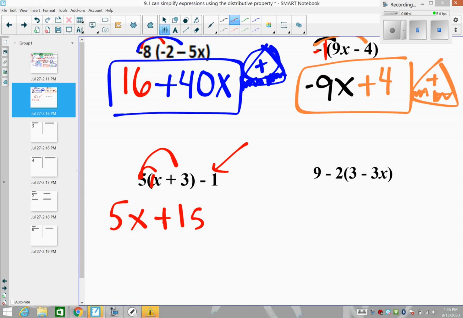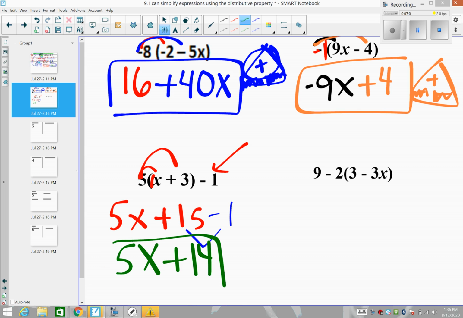So do not distribute there. We only distribute the things inside the parenthesis. So if I haven't used it, drag it down. So this results in 5x plus 14. Those are unlike terms. So that's as far as we can go. We can just combine those two numbers.